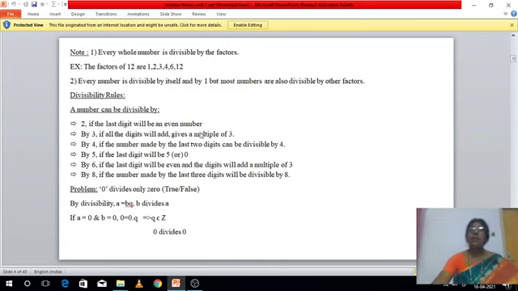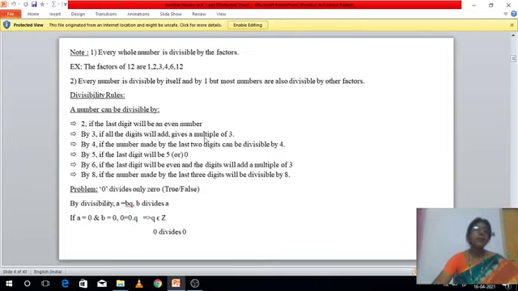Similarly, a number is divisible by 3 if the sum of all its digits is a multiple of 3. So take a number and add all the digits in that number.